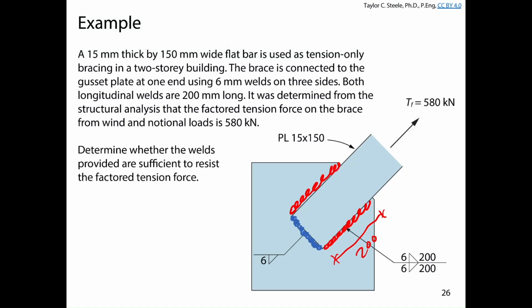Okay, so our goal here is to determine whether the welds shown here are adequate to resist the factored tension force of 580 kilonewtons. Does anyone have any questions about what we're trying to do here before we get into the calculations?